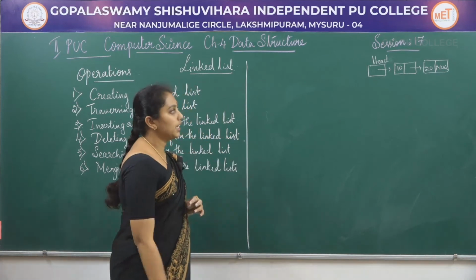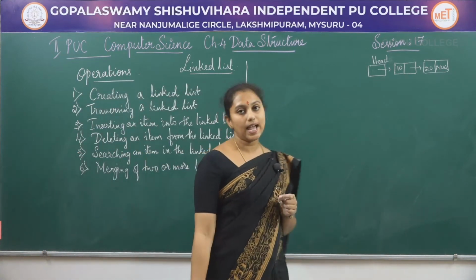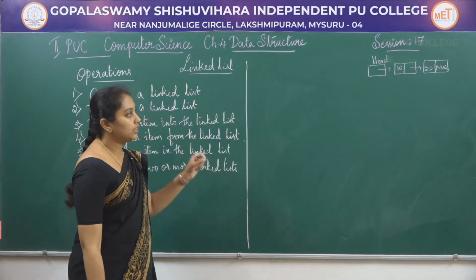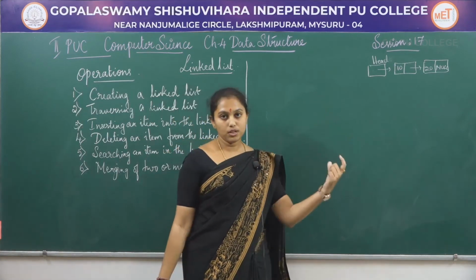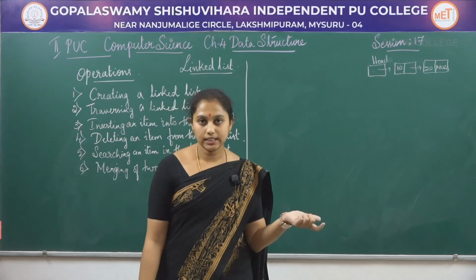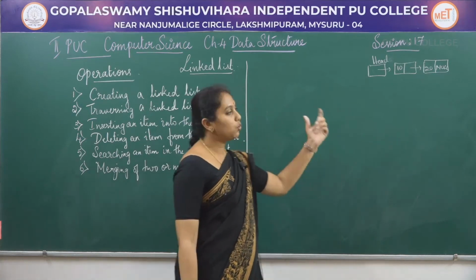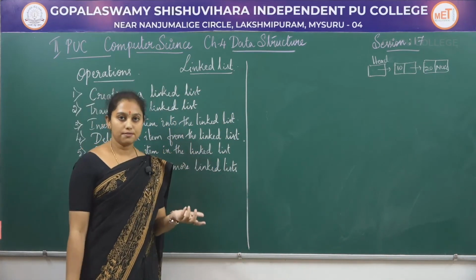The data part contains the information and the link part contains the address of the next node. So to begin with, we move to the first node, fetch the data from the node, and perform the required operation based on the data type. Then advance the pointer to the next node. Steps 2 and 3 should be repeated until all the nodes are visited.